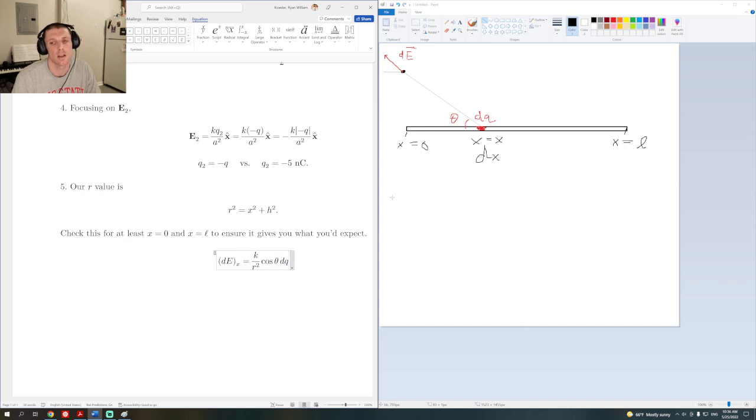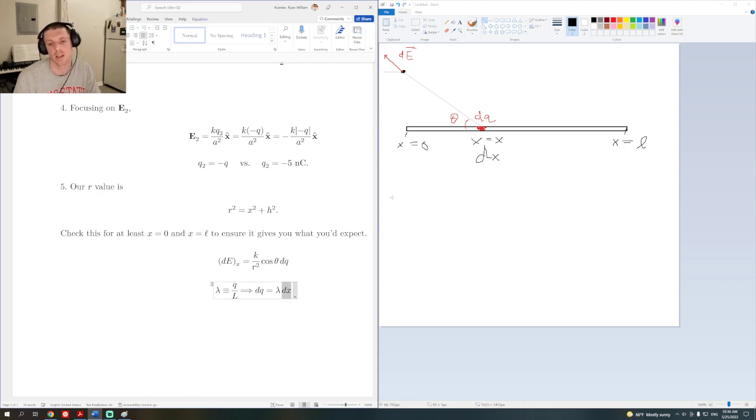Then from here, it's realizing that lambda being defined as charge over length tells us that we can write dq is lambda dx.